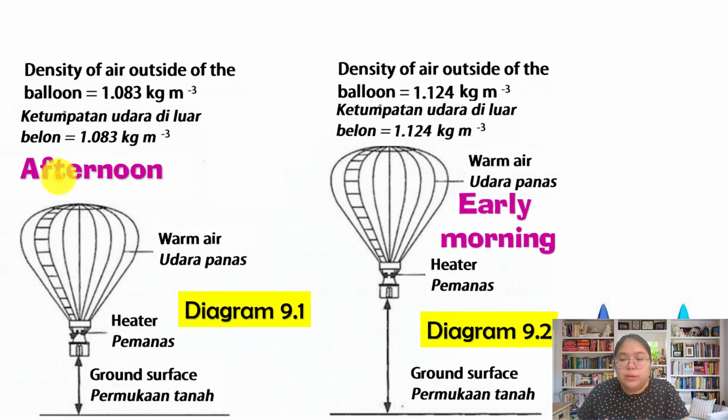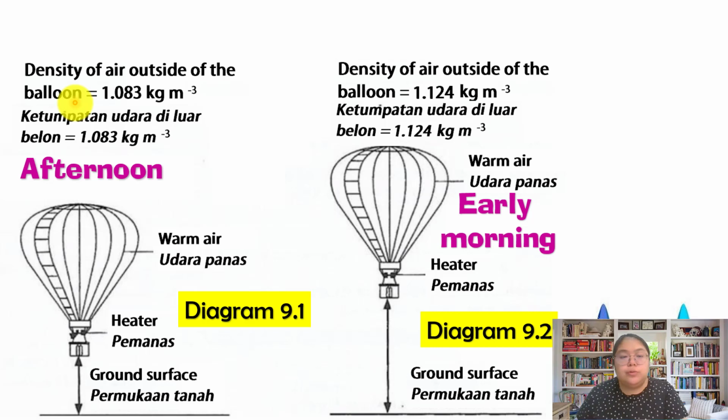One is afternoon, another is early morning. Another one is the height: in 9.2 the balloon goes higher compared to the afternoon situation. Another one is the density: the density for 9.2 is higher than the density for 9.1.